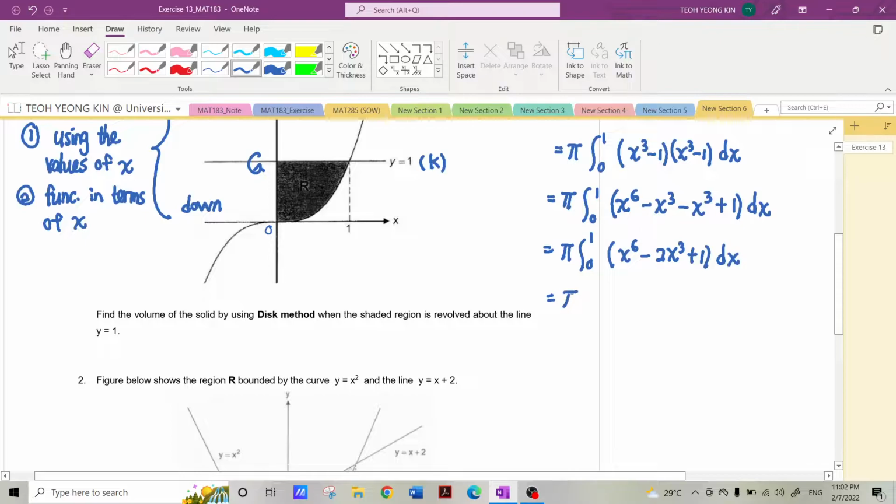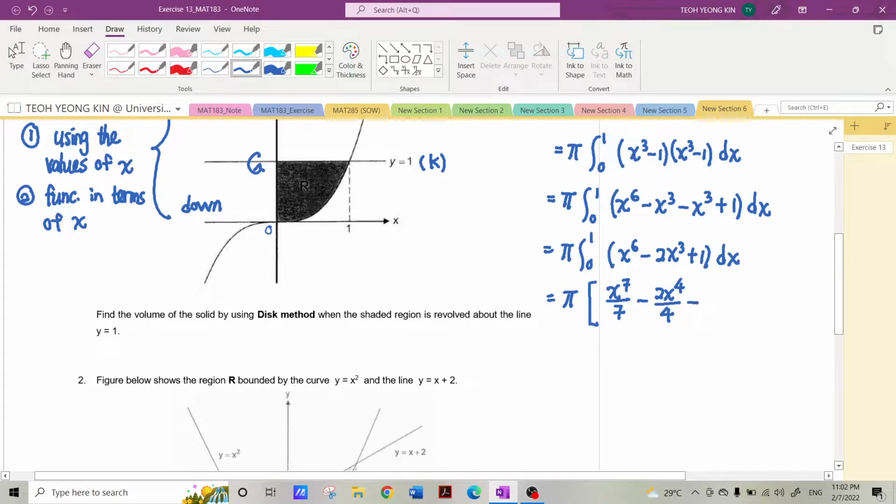Now we start to integrate. So pi, when I integrate x to the power of 6, the index will increase by 1, which means it will become x to the power of 7 over 7, minus 2x cubed, where 3 increased by 1 becomes 4, so don't forget to divide by 4.